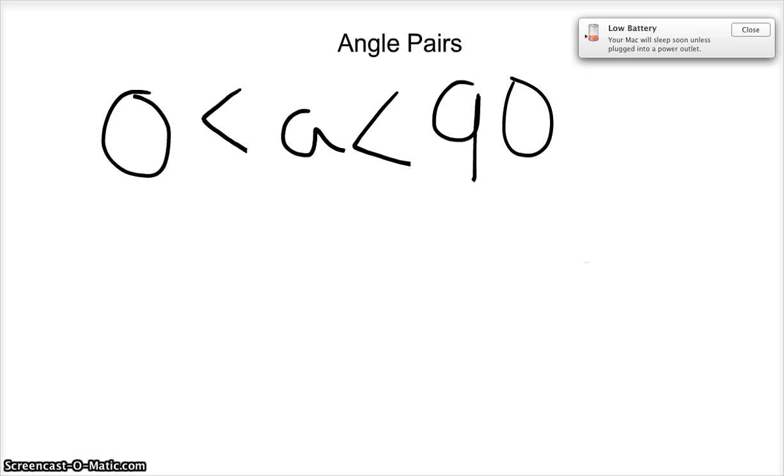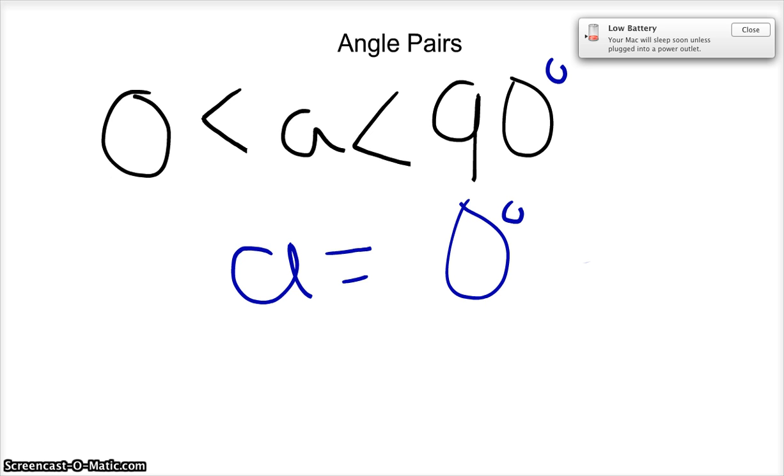The next one, what type of angle is it? You should know it's a right angle because of the box indicated in there. So that means angle A has to equal 90 degrees. And these should all have degree marks. The third one is an obtuse angle.